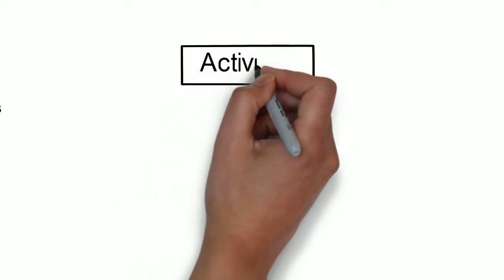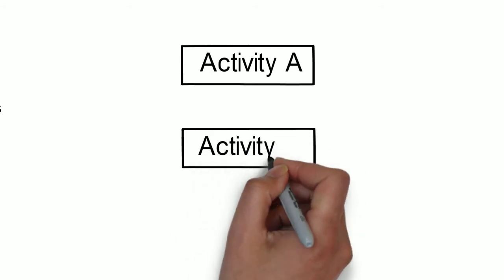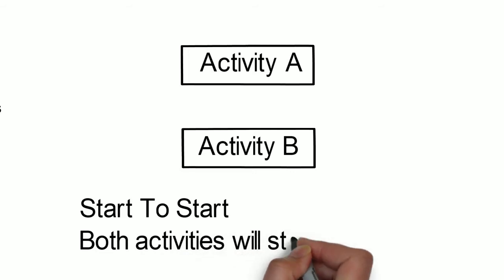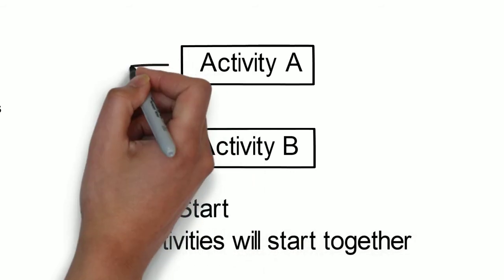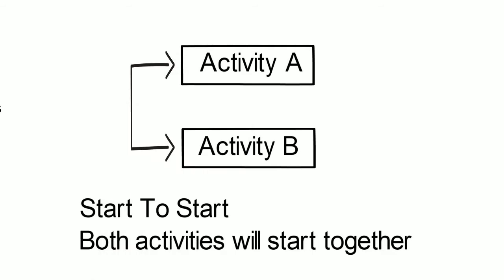Let us consider activity A and activity B. Start to start: both activities will start together. The relation is called SS, start to start.